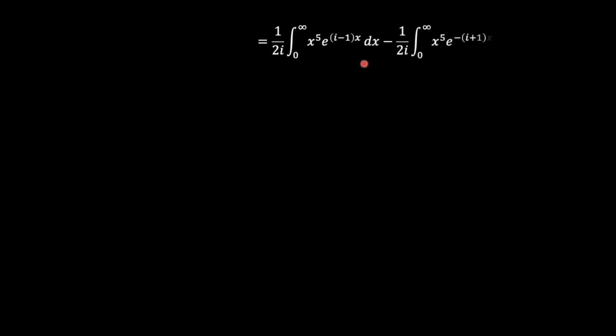We have these two very beautiful integrals. One thing you could see is that these are very similar integrals. The only difference is in the constant next to the variable x. For the first integral, the constant is i minus 1. For the second integral, it is negative i plus 1.